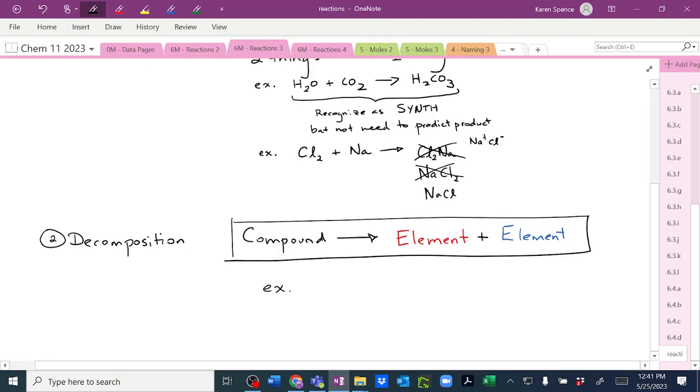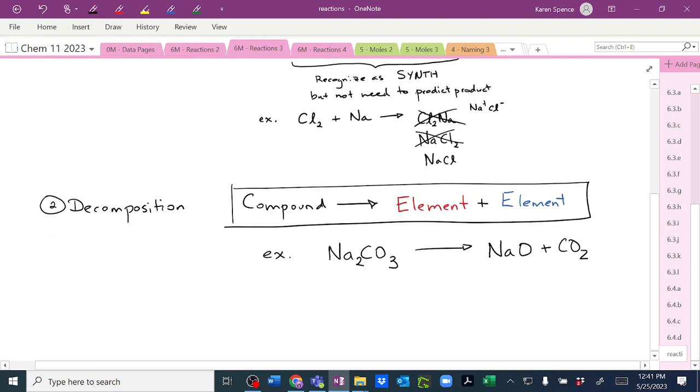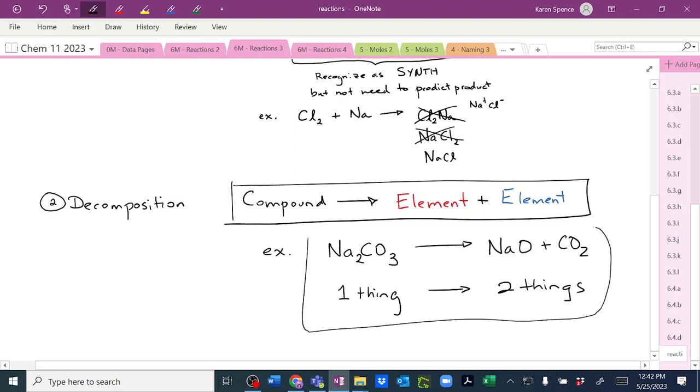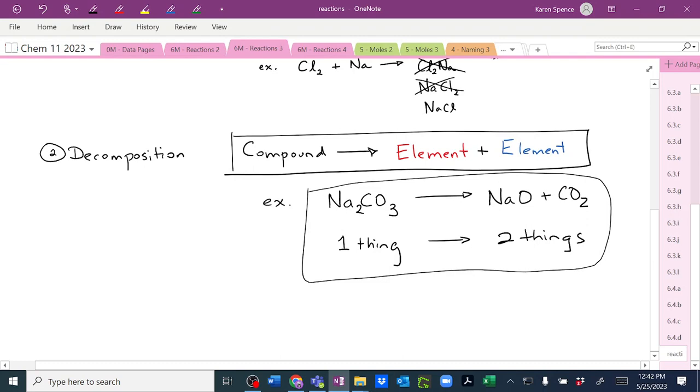I might take some Na2CO3, and if it reacts to form NaO plus CO2, you would be expected to recognize this as one thing becomes two things, but this particular one you would need to recognize but not predict the products. Recognize as decomp.